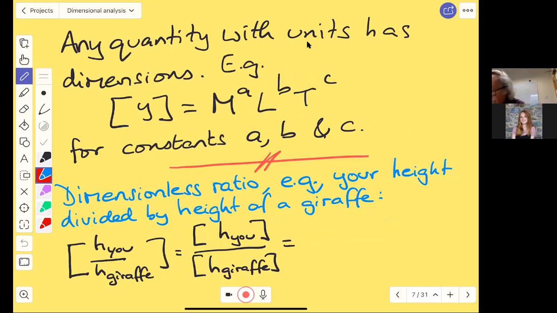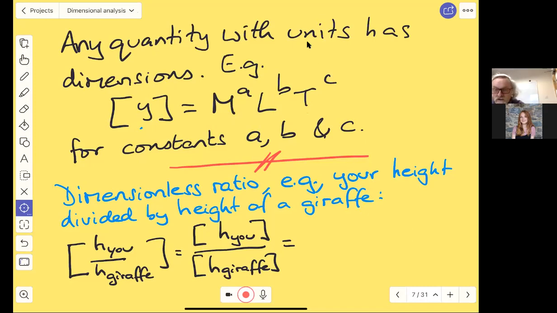And if I say that we have a quantity y, its dimensions, as long as we're only thinking about masses, lengths, and times, is going to be M for mass to some arbitrary power a, it's a constant, I don't know what it is, I don't know what y is, times L to some arbitrary power b, times T for time to some arbitrary power c. And then whatever this is physically fixes what a, b, and c are.